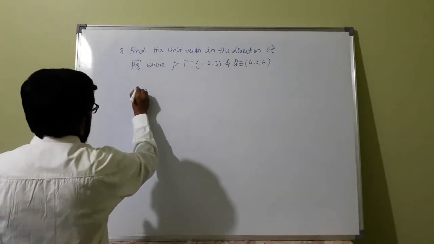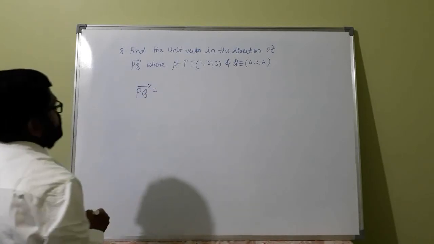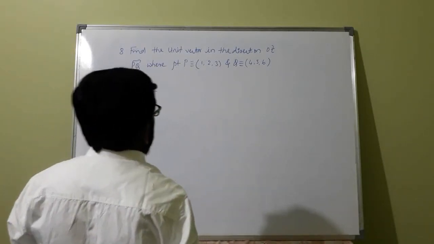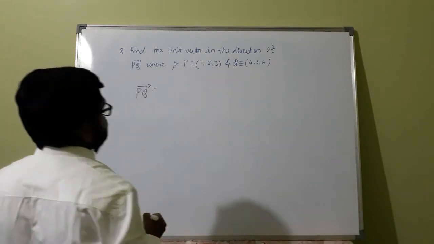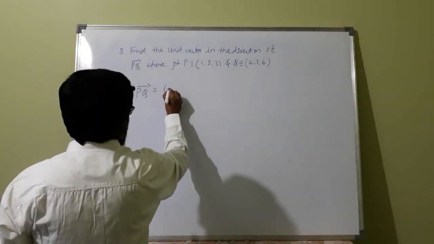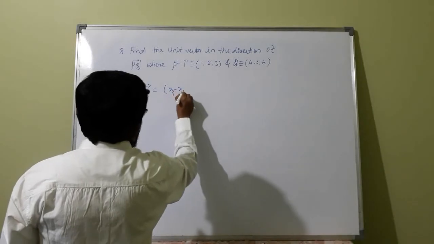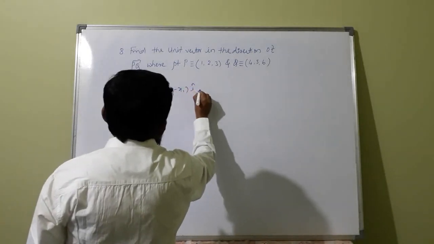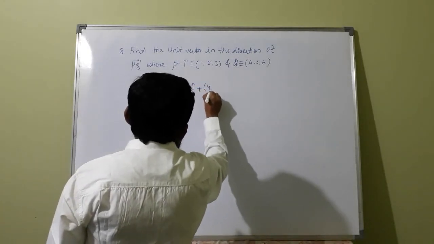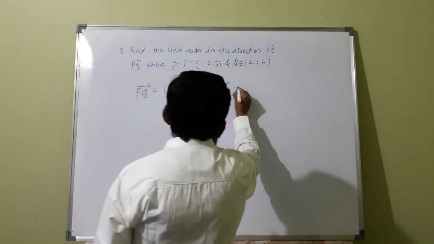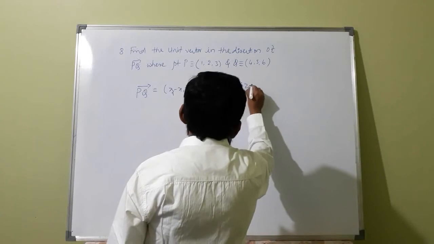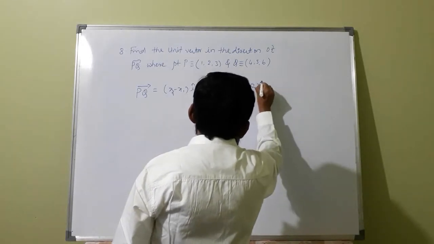PQ is given by OQ minus OP, or directly you can write x2 minus x1 i plus y2 minus y1 j plus z2 minus z1 k.